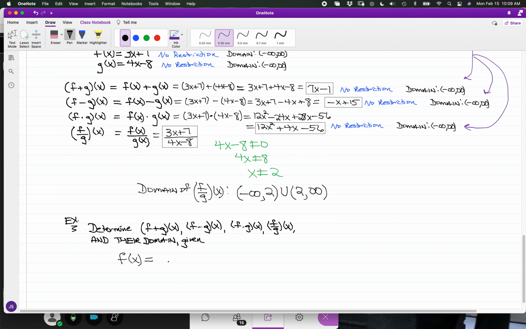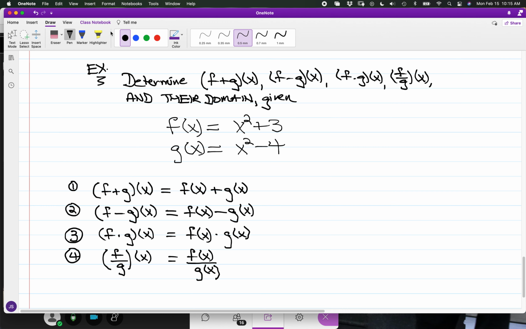We'll say that f of x is equal to x squared plus 3, and g of x is equal to x squared minus 4. Just looking into the operations here: given f of x equals x squared plus 3, and g of x equals x squared minus 4.